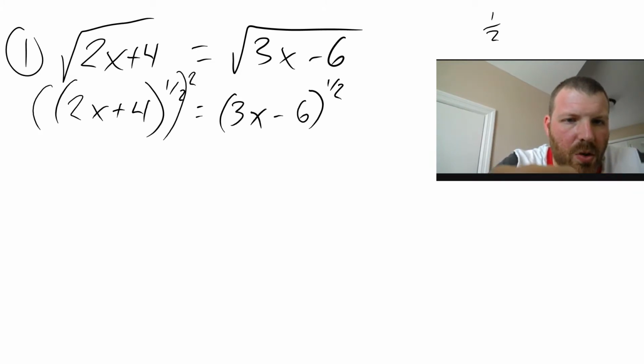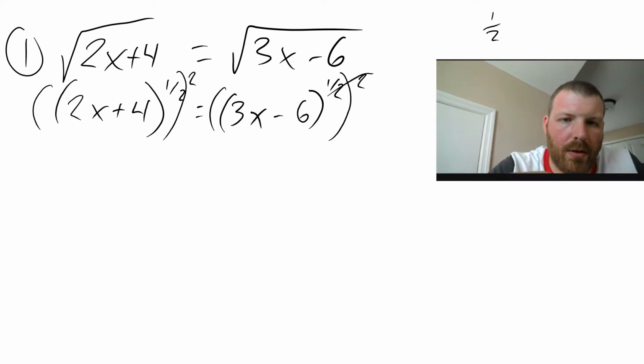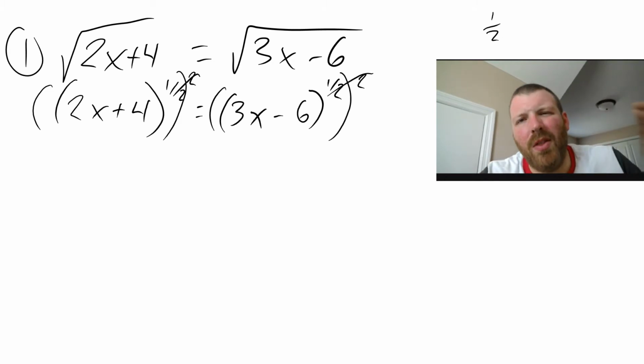I'm just squaring everything, and so that root goes away. Whatever the number is on the bottom is what you raise every little piece to. We're going to look at a few examples here.